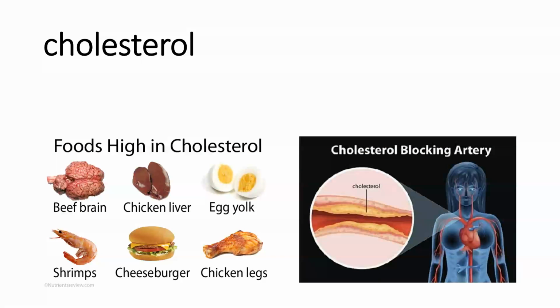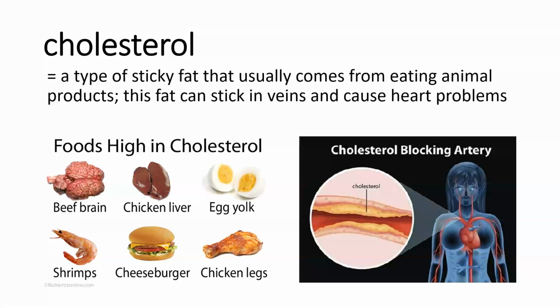The next word is cholesterol. Cholesterol is a type of sticky fat that usually comes from eating animal products. And you can see down here some of the animal products like beef and chicken and eggs. Cheeseburgers for sure, anything with cheese, shrimp.